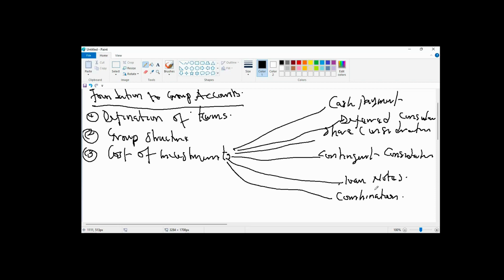Now, four, we must know how to calculate the goodwill. Five, valuation of SCR. Six, we must know investment in associates.